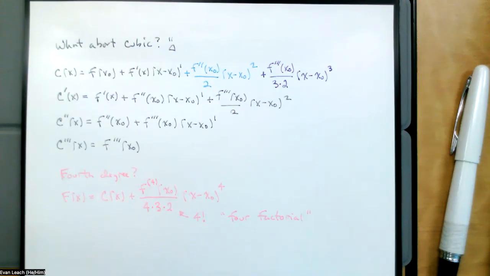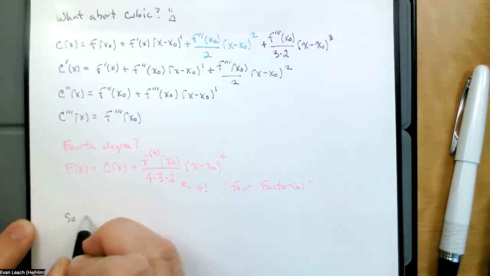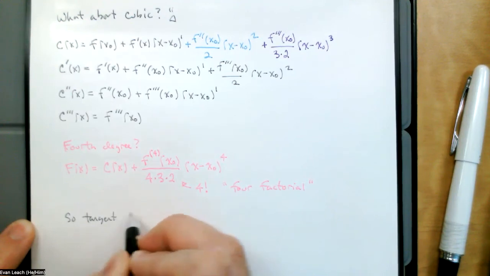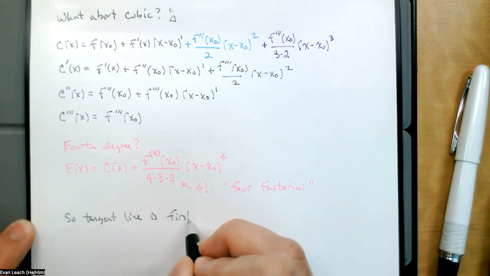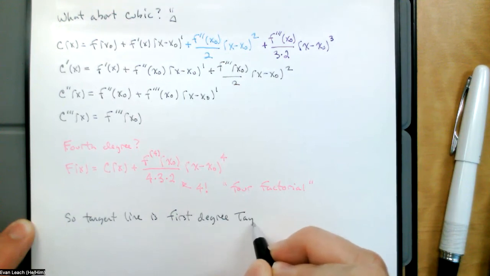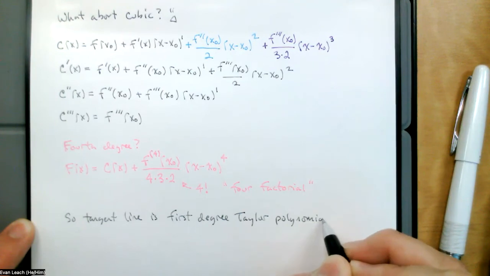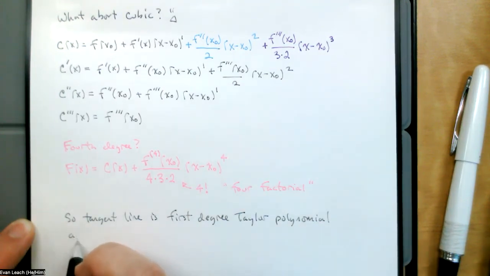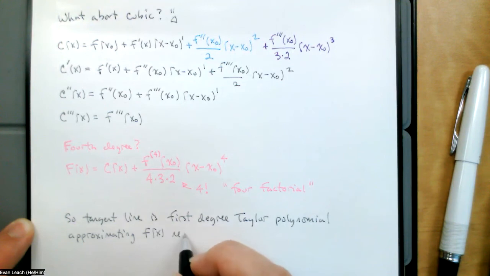Okay. So a tangent line is just a first degree Taylor polynomial, approximating the function near a point.